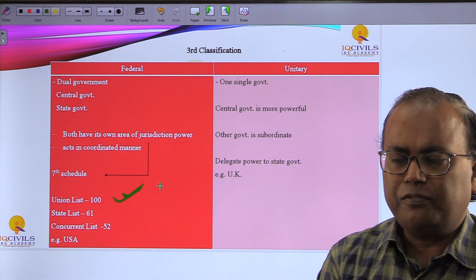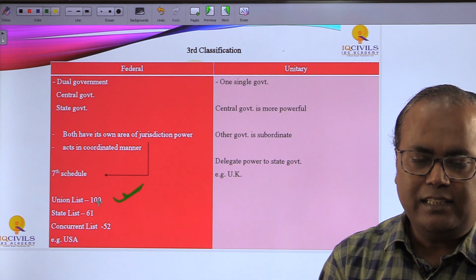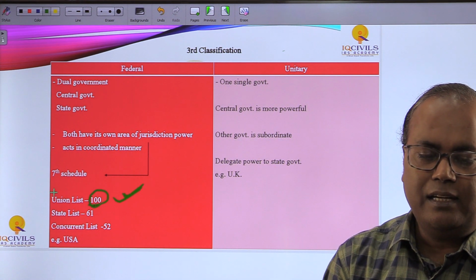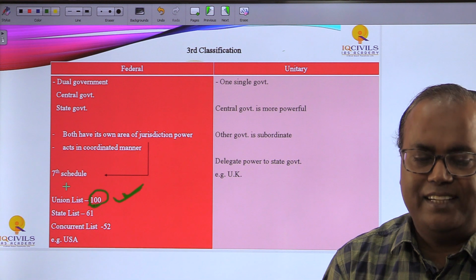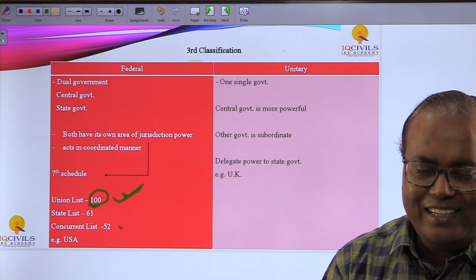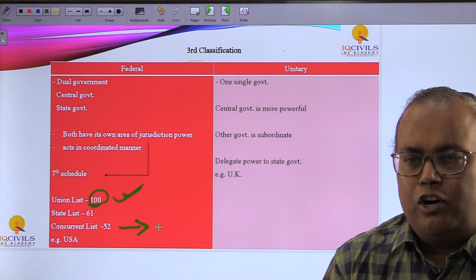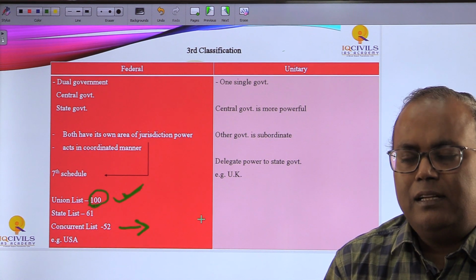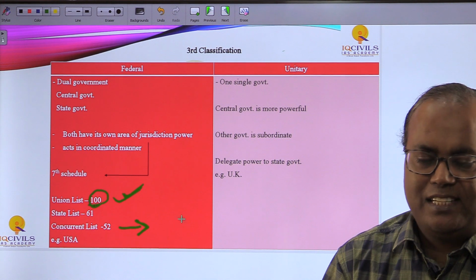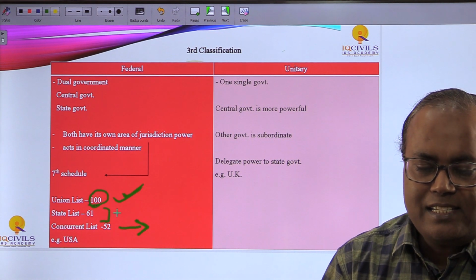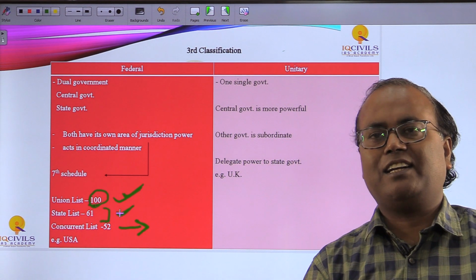In terms of quantity and quality, the union has the lion's share. In the concurrent list, the law enacted by the Parliament has overriding power over the law enacted by the state. Even on the state list, Parliament can enact law.